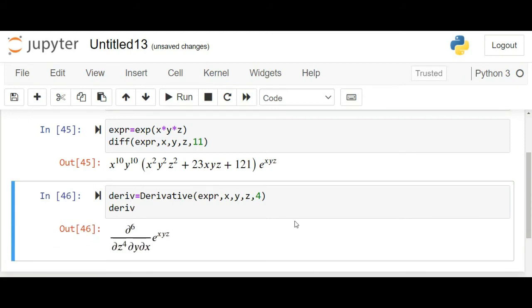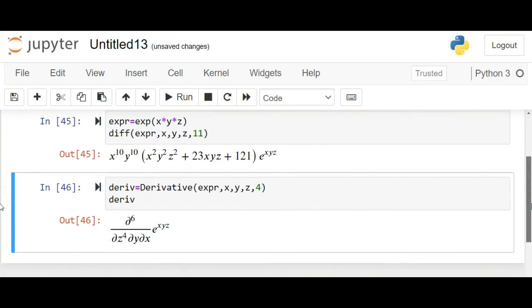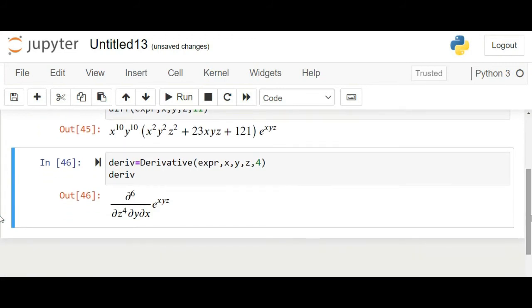Okay, partial 6, just like e raised to the power, means we want to write the expression, derivative, we want to derive the derivative of e raised to the power x comma y comma z.